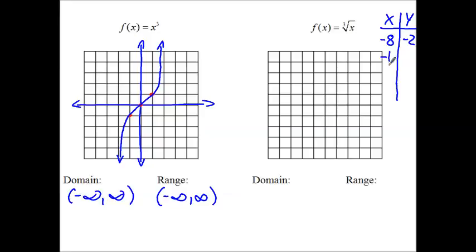Cube root of -1 is -1. The cube root of 0 is 0. Cube root of 1 is 1. And the cube root of 8 is 2. And that gives us plenty of points to graph, actually more really than we can show on this coordinate plane.